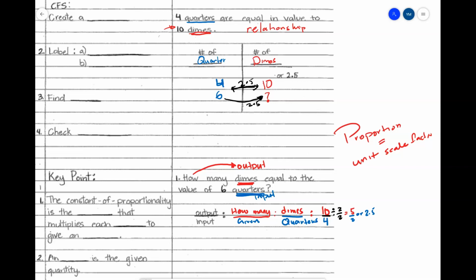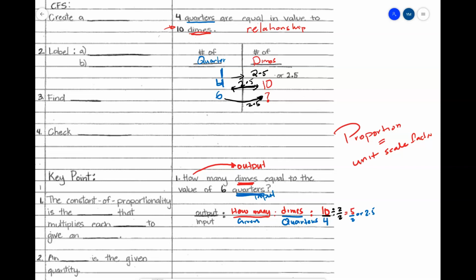So what that means is that if I had 1 quarter, for every 1 quarter, I would have 2.5 dimes. That kind of doesn't make sense because you can't have 2.5 dimes, but if you think about it, what it means is 2 dimes and 5 pennies. Okay, 2.5 means 2 dimes and 5 pennies.